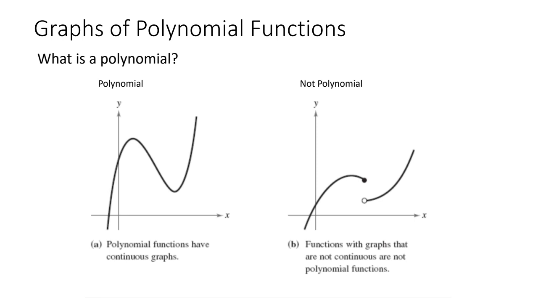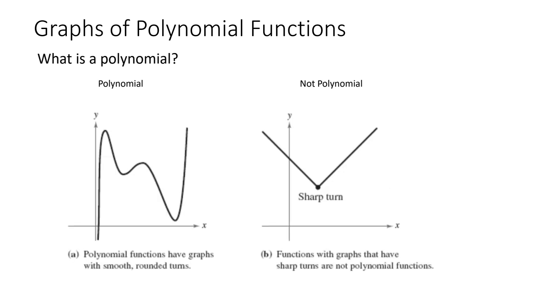So a graph of a polynomial does not have breaks like this example here. There's a break here. It's here, then it stops, and then there's a point that does not exist, and then it continues. So a polynomial function is a function that has a continuous graph, and that's what it means that I don't lift up my pencil, and it doesn't have any sharp turns, and it doesn't have any breaks. So that's visually what a polynomial function is.